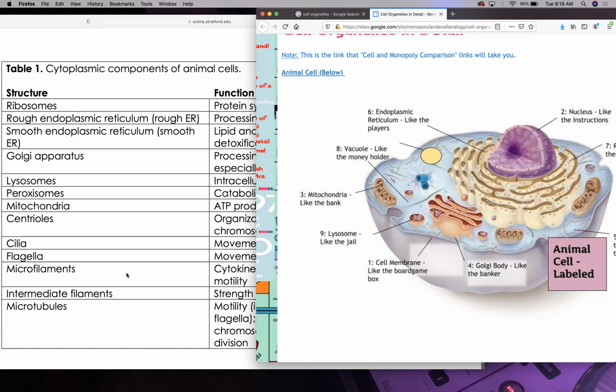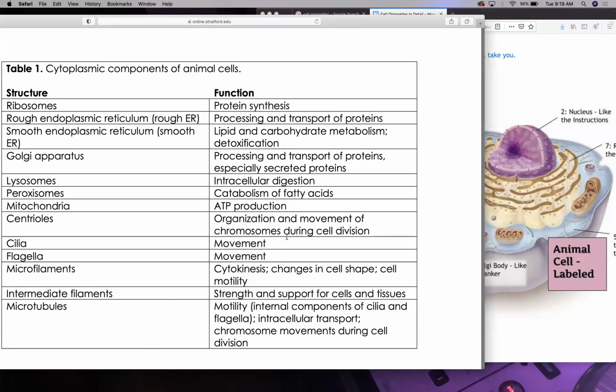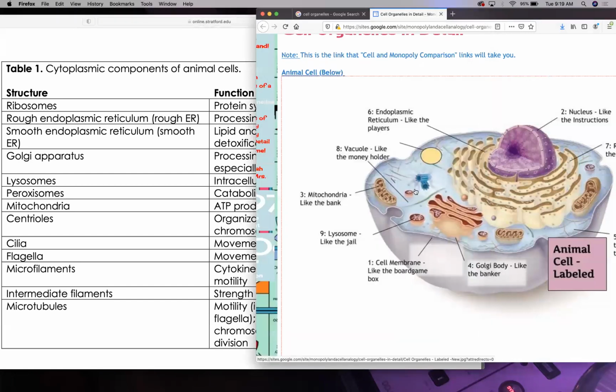That's the function of the centrioles: organization and movement of the genetic material, in the form of chromosomes, during cell division. They start pulling the cell from side to side and organizing the microtubules in here.